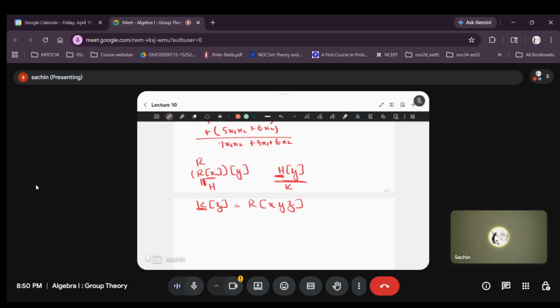So you can keep chaining it in this way, as many variables as you want, but a finite number of variables. You can't have an infinite number of variables. So that is also a ring.